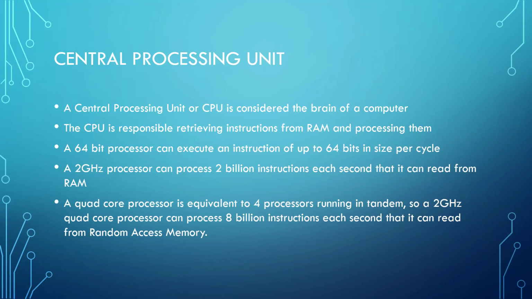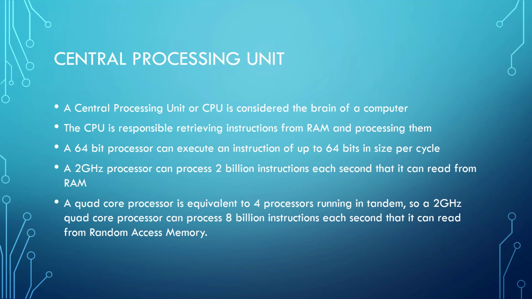It can execute a certain amount of data or set of instructions per second. So a 64-bit processor can execute up to 64 bits of information per cycle.